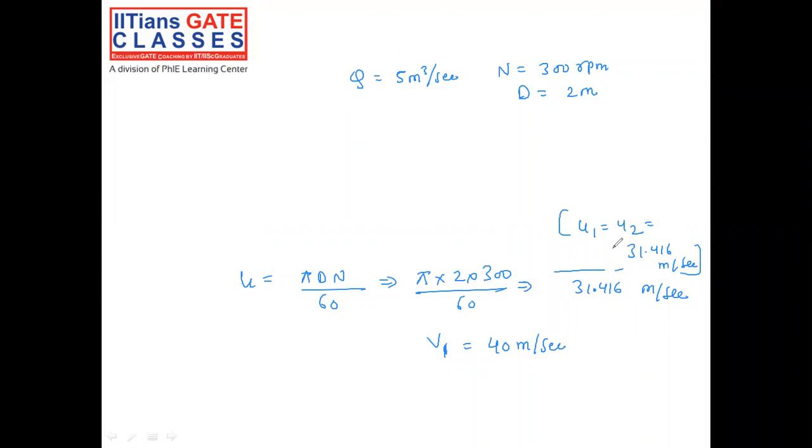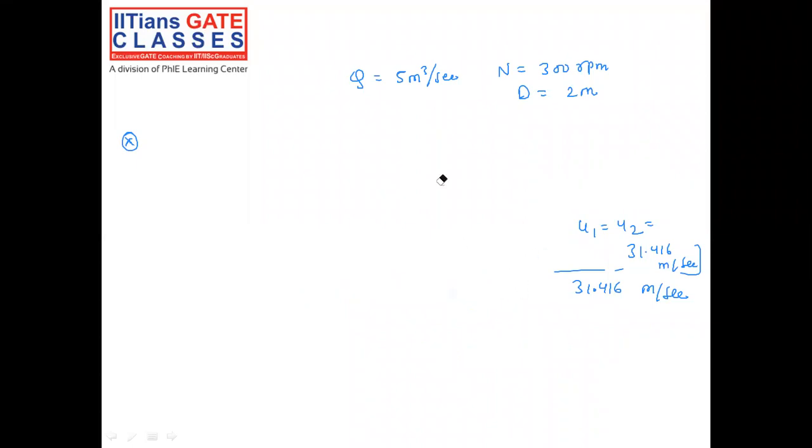That is, it is entering and leaving the blade at the same radial position. Now, what are the things we need to calculate? First of all, I will tell you how to draw the velocity triangle diagram from scratch. So this data is known to us, no problem. Now we can draw the velocity triangle.